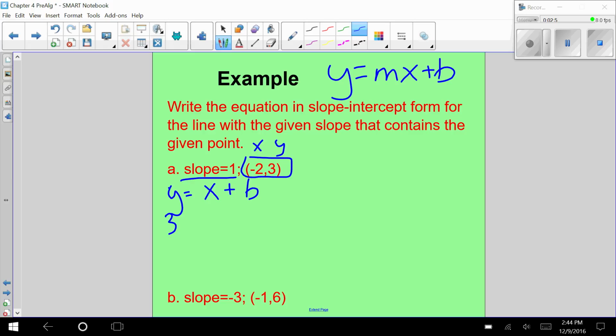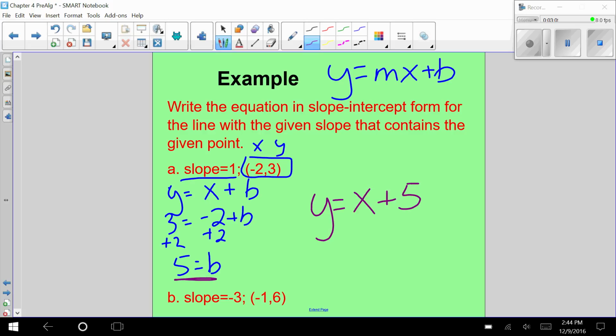So we've got 3 equals -2 plus b. Now we're going to solve for b. We add 2 to both sides. We get 5 equals b. So our equation is going to be y equals 1x plus this b I just found, which is 5. So there is our equation.